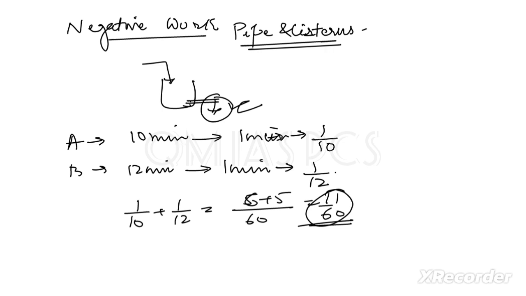So you have to understand the question. Sometimes it is given that they are opened one by one, like first A is open, then it is closed, then B is open, then B is closed, then A is open, like this.